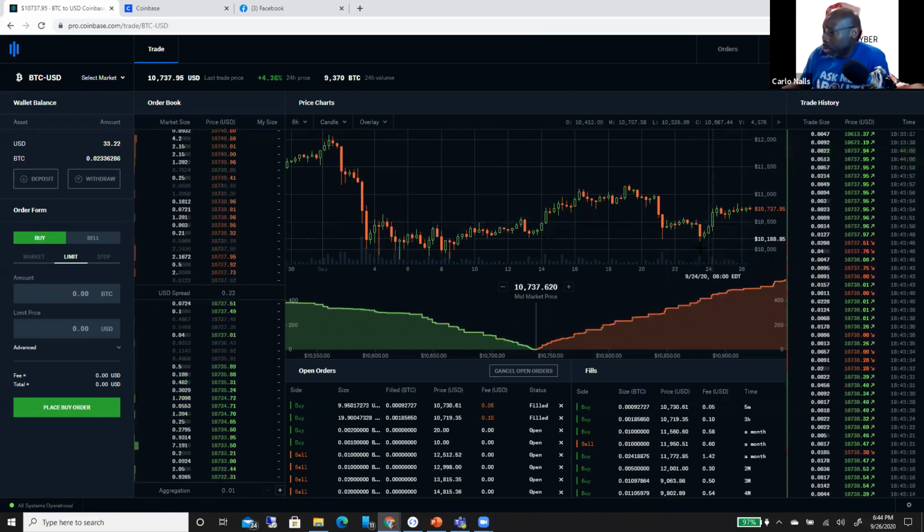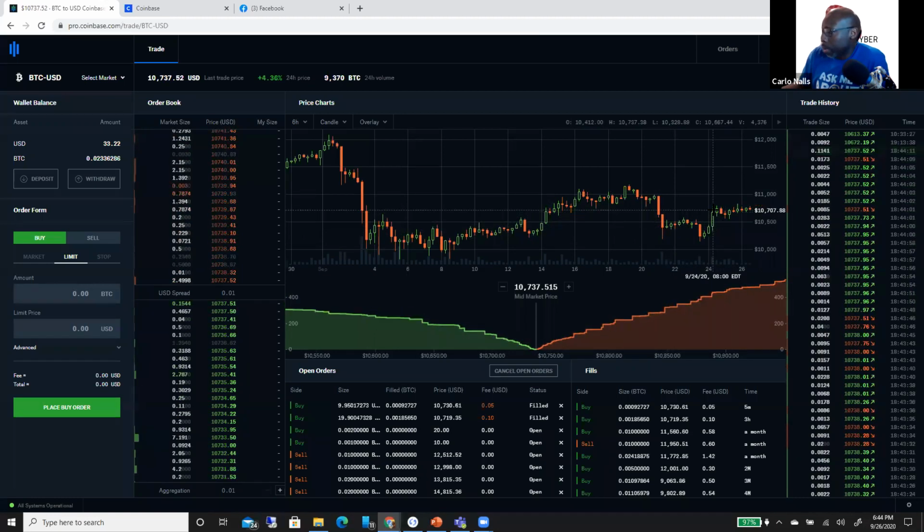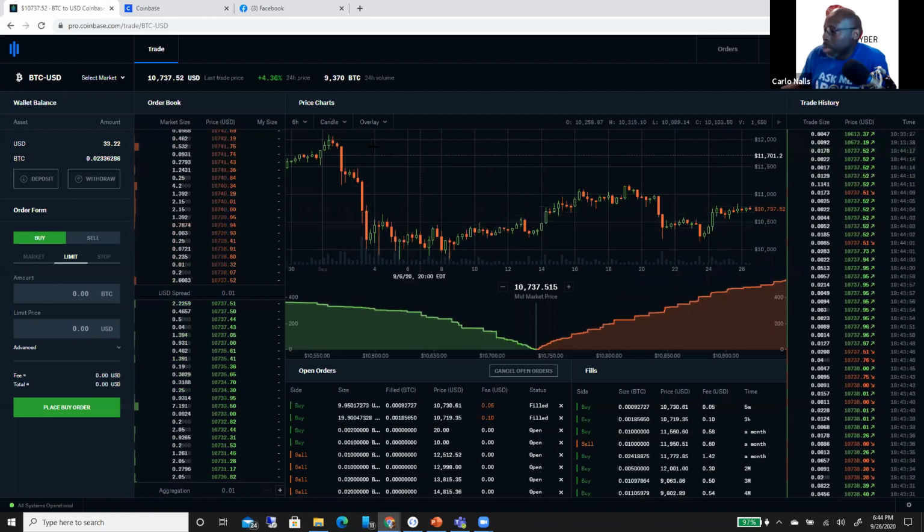But what I do know is that the color indicates which way it's moving. So if you see a green candlestick, that means it moved from the bottom to the top, going up. And the bottom dictates the start of the price and the top indicates the end of the price. And since this is a 6-hour candle, that represents a 6-hour move, right?